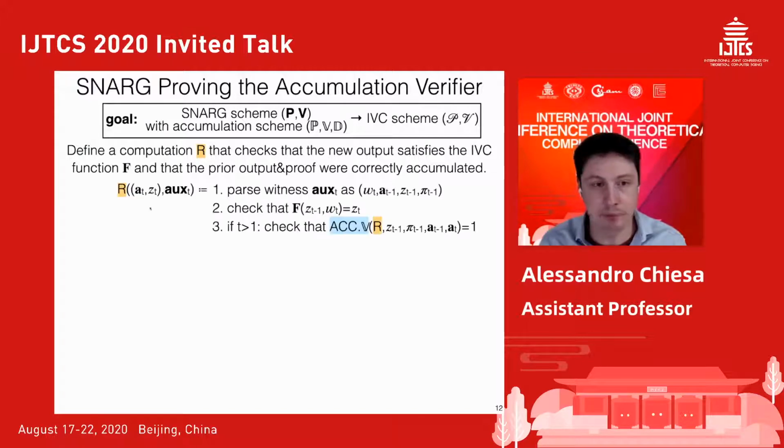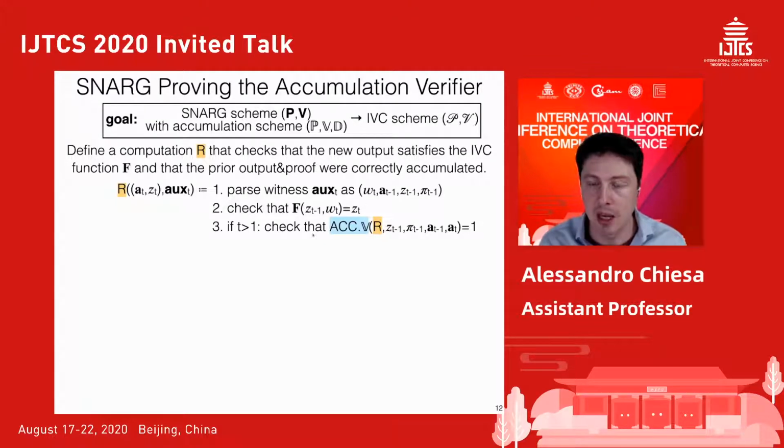So how does it look? Notice here that before, as input to the recursive circuit R, we had just the next output ZT, but now we also have the next accumulator. And inside the auxiliary input, we find the local witness like before, the prior input and the prior proof like before, but we also have the prior accumulator. Now, like before, we do have to check that we have a correct state transition.